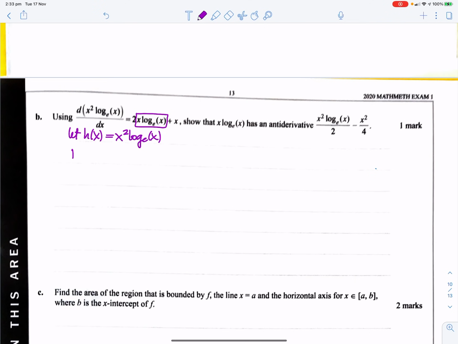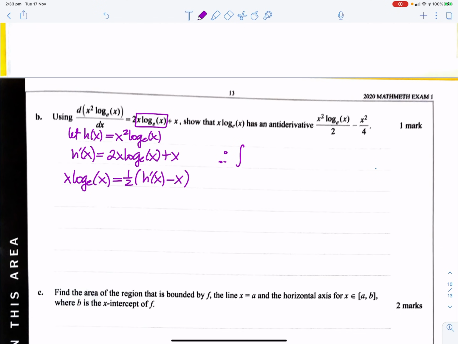Then we know h dash of x is 2x log e of x plus x. If I bring my x to the other side and divide it by 2, we can say x log e x is equal to h dash of x minus x, all divided by 2.